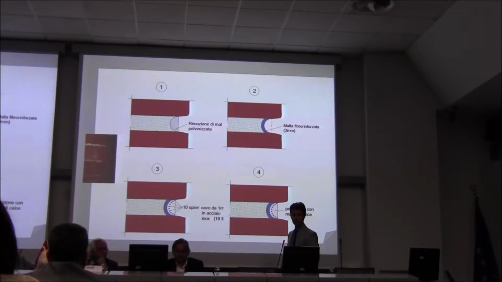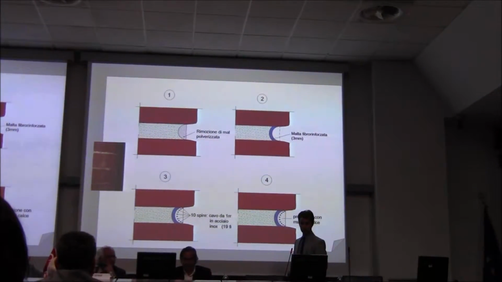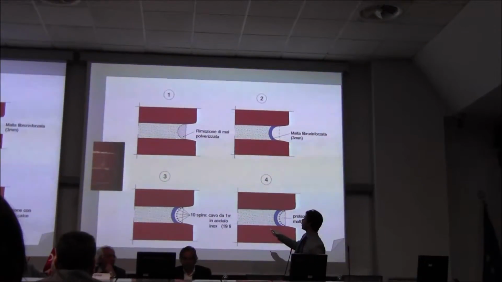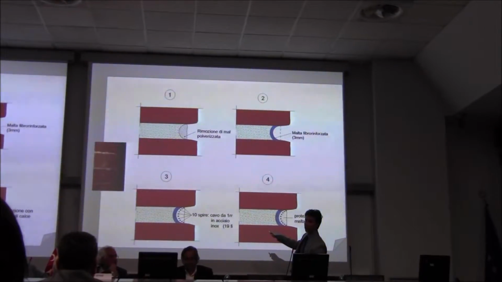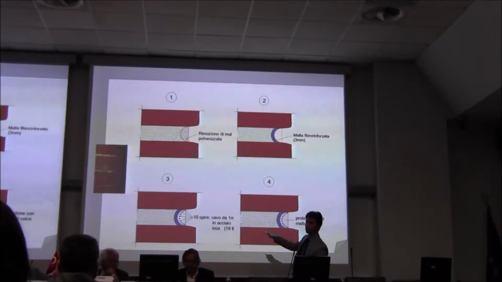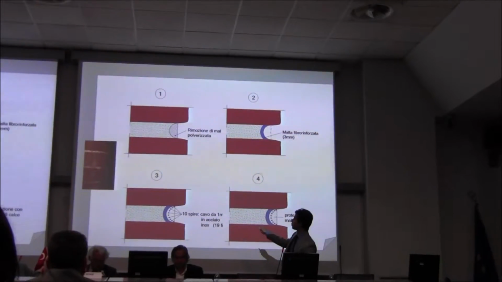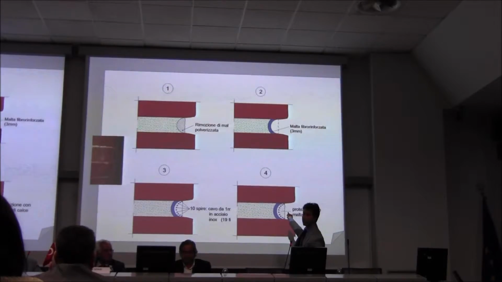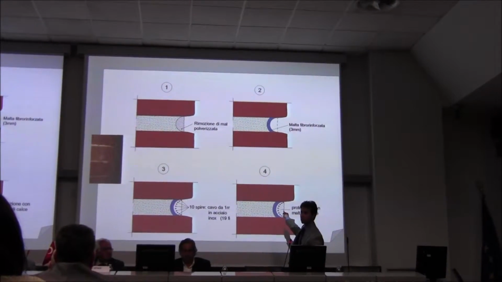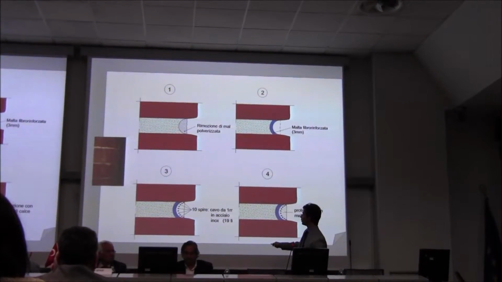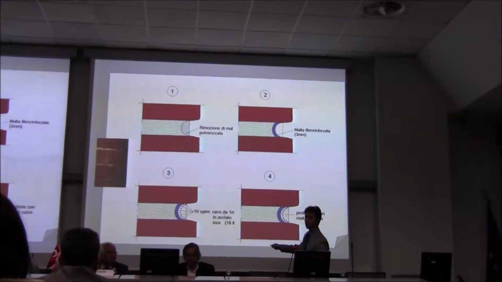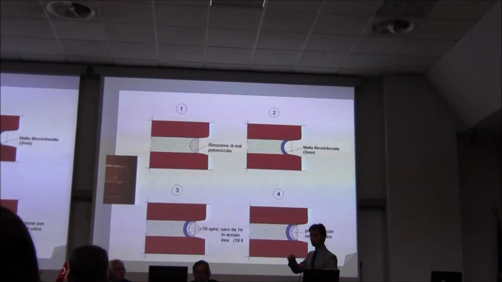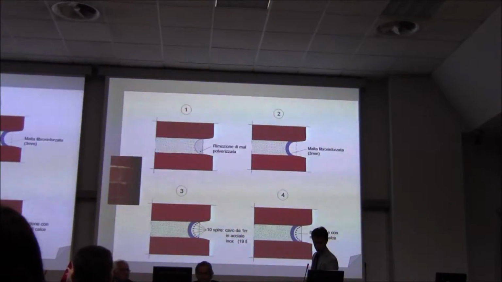Here we see the procedure that must be followed to do this intervention. This is a brick, this is another brick, this is the mortar between the two bricks. A small portion of mortar is removed, then a thin layer of fiber reinforced mortar is placed, and then the steel cable is placed inside this layer of mortar, and then the joint is closed again.